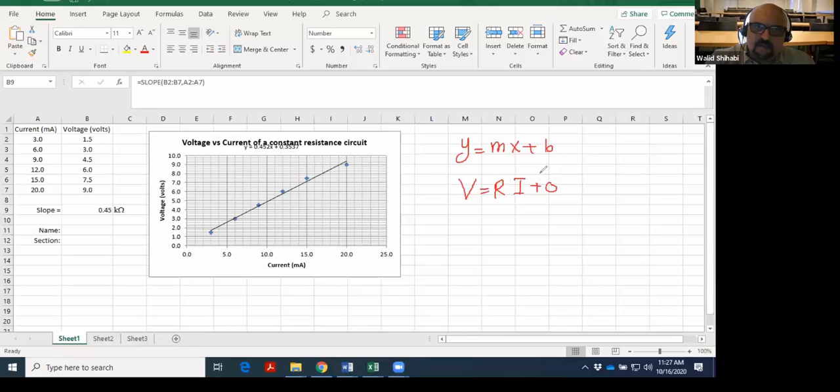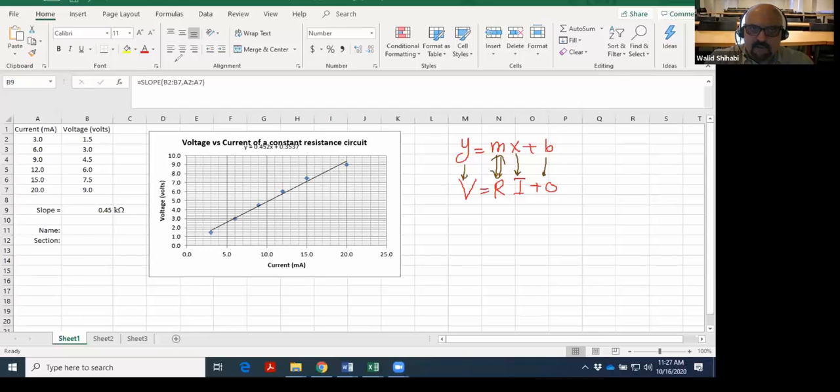So if you take the voltage to be the y-axis, the voltage here is the y-axis, as you see. The voltage is the vertical axis, so it's the y-axis. And the electric current is the x-axis. So the resistance will be the slope. And the y-intercept should be 0. So that's why the slope here will be whatever the resistance is. Okay, so that's sheet number 1.